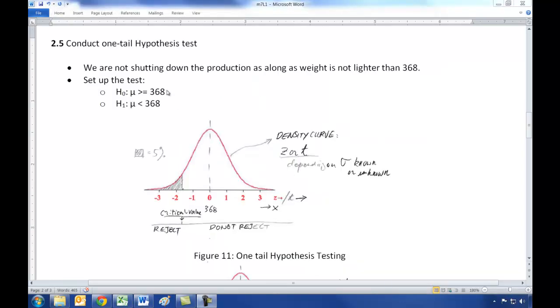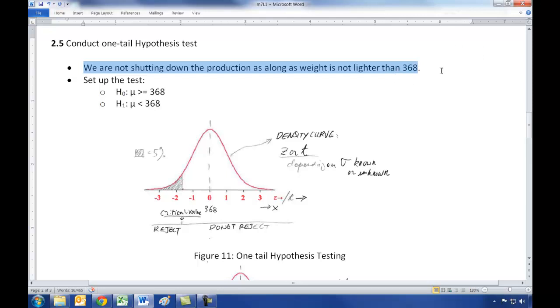So we'll next look at a variant of hypothesis test called the one-tailed hypothesis test. We'll continue using the box cereal example. But now we have decided that we are not going to shut down the production line as long as the weight is not lighter than 368.